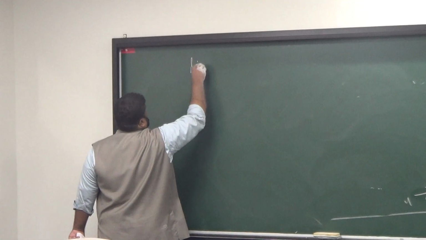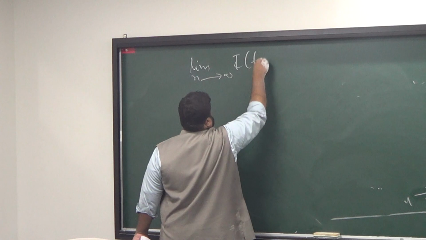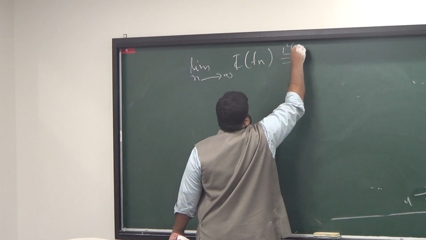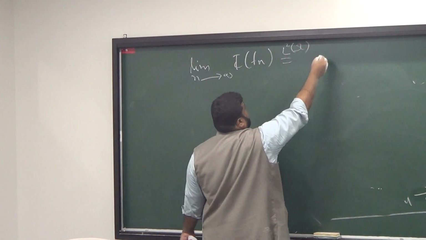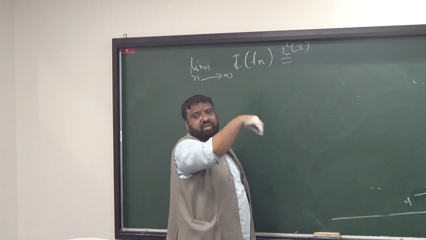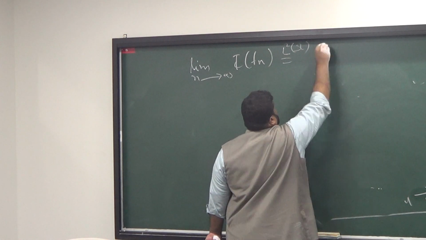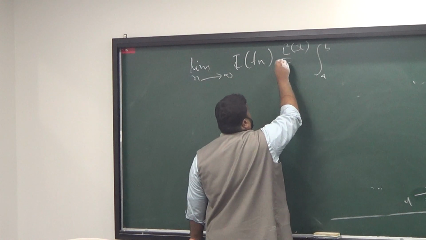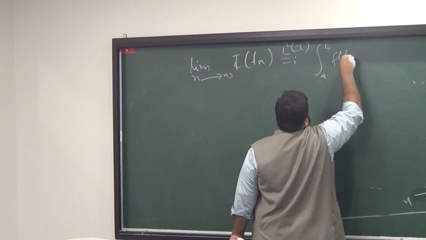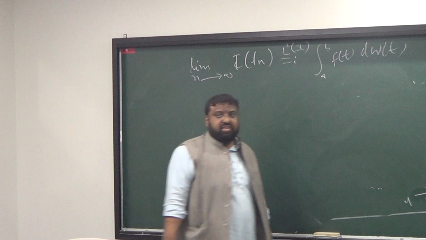this guy converges, okay, in L2 omega sense to maybe some process in L2 omega, and that process I'm giving a name, the integral from a to b of f of t dW of t.